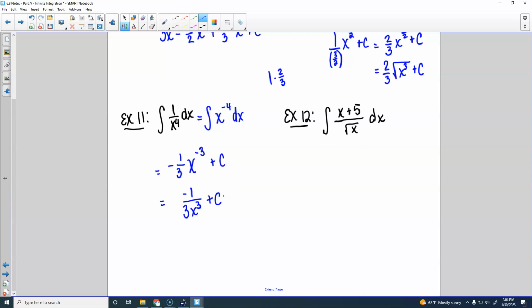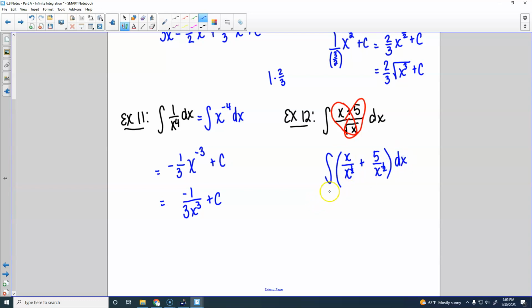12 looks initially like a problem that we cannot do, but for 12, we can use the love connection for this one. So whenever we integrate, I'm going to write this as x to the 1/2 plus 5 over x to the 1/2.